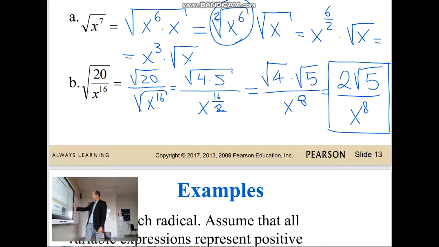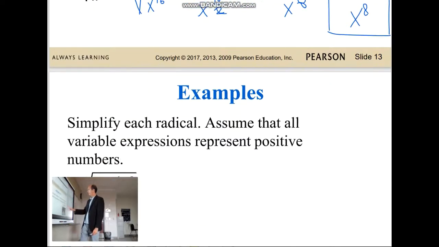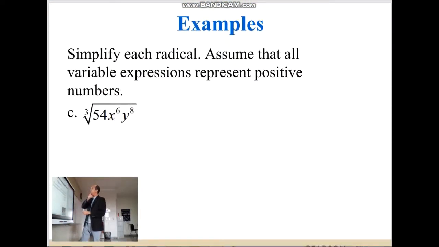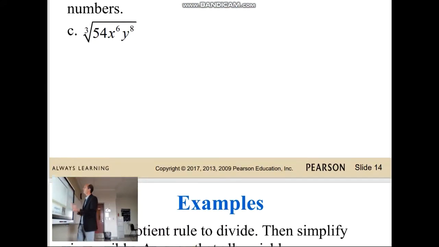And let me check, I think we have a few more examples. Yeah, simplify each radical. Assume that all variable expressions represent positive numbers. Let's check this one now. Apply the product rule here. The cube root of 54 x exponent 6 times y exponent 8.